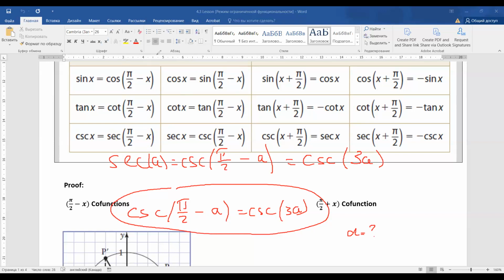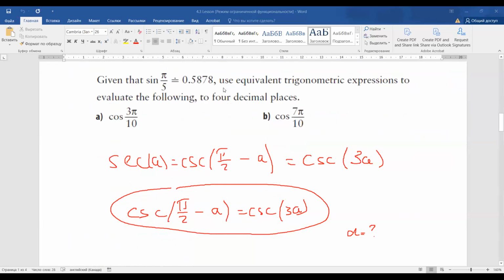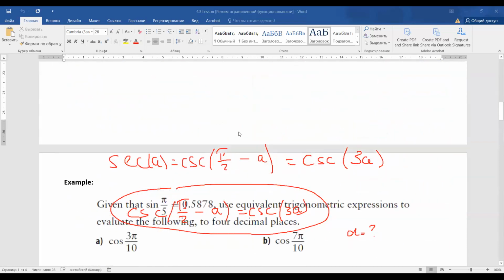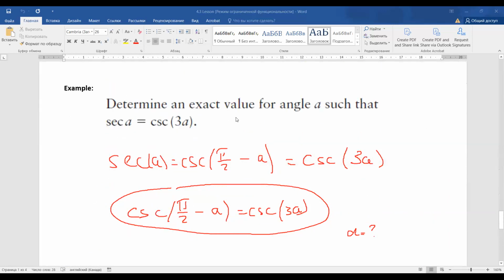Okay, guys, we're back. I hope you had enough time to copy down this table. What about the solution for this question? Are you ready to give me an answer?